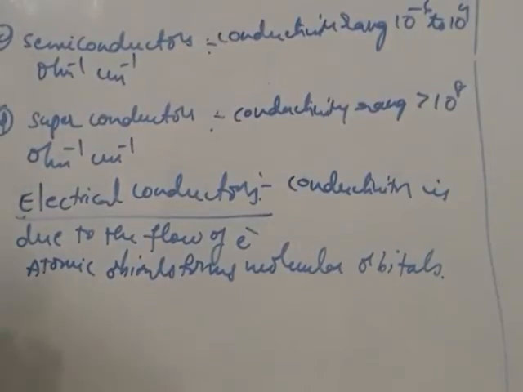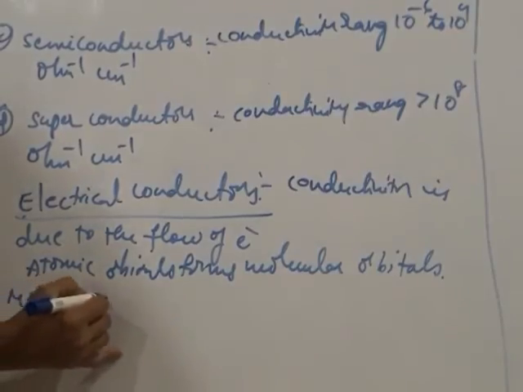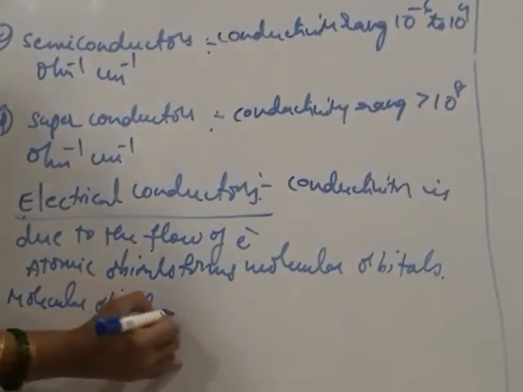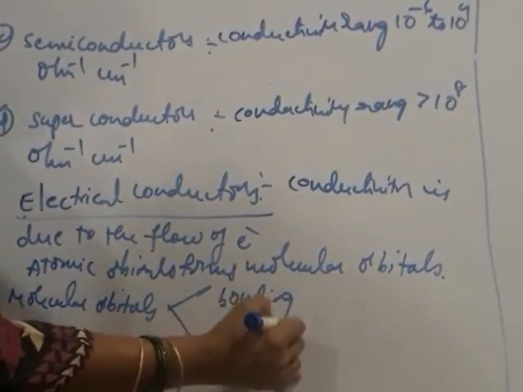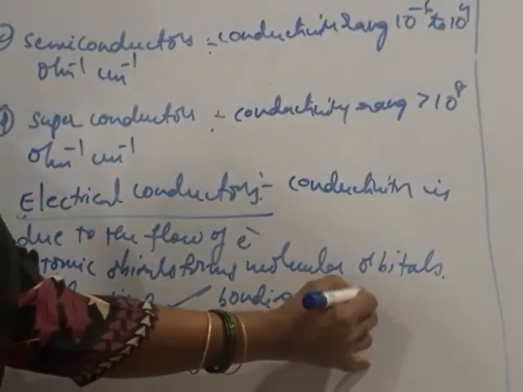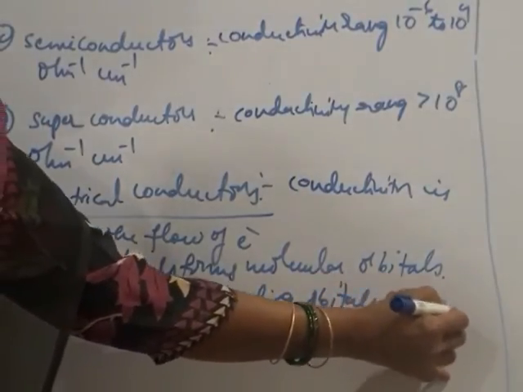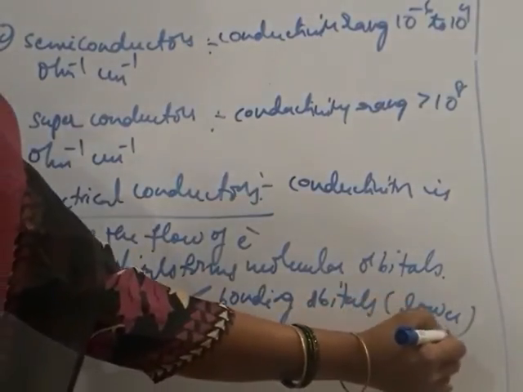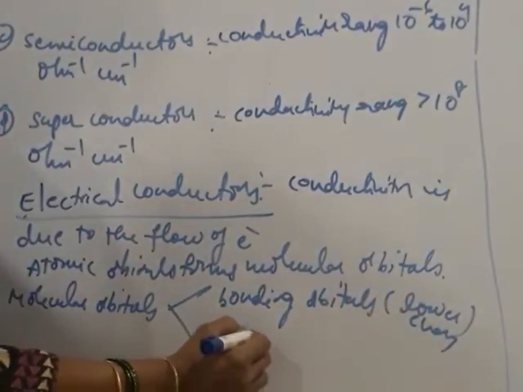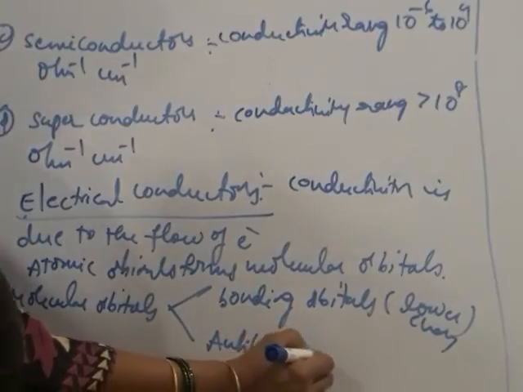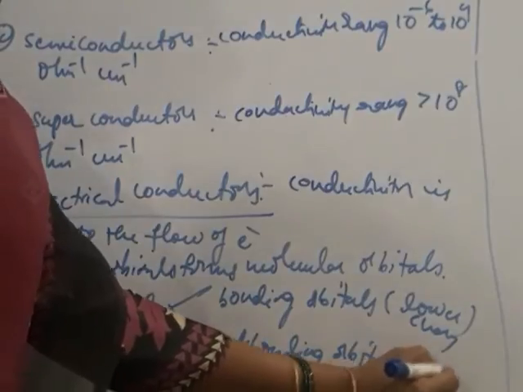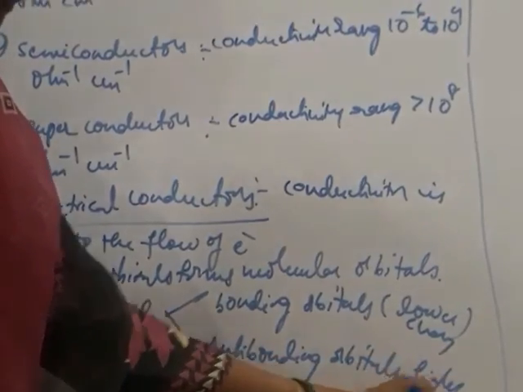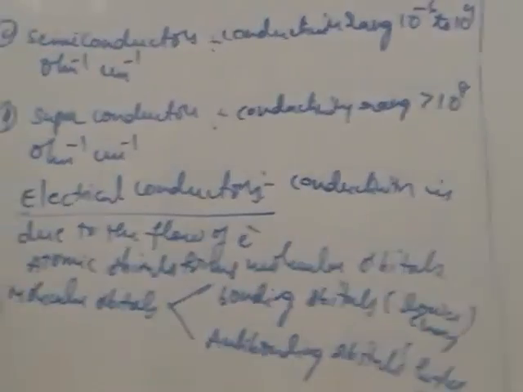So molecular orbitals are of two types: bonding orbitals, which occupy the lower energy, and anti-bonding orbitals, which occupy higher energy. Bonding orbitals form the valence band.